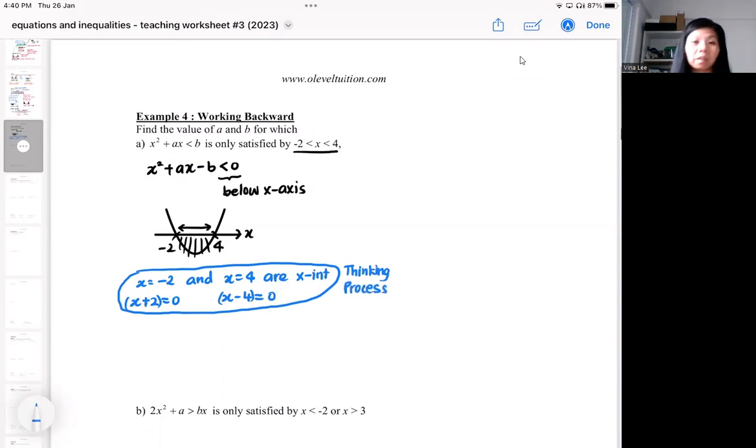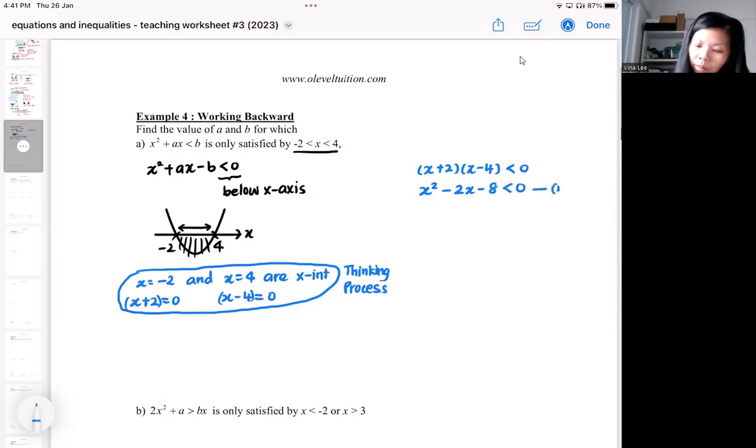With this thinking process, I'm able to come up with 2 brackets. I know that I'm exploring the portion that is below the x-axis. Then I do my normal expansion. Okay, you can compare.